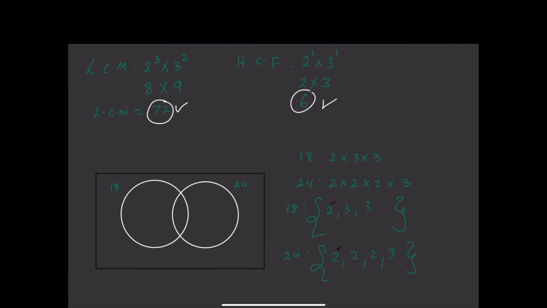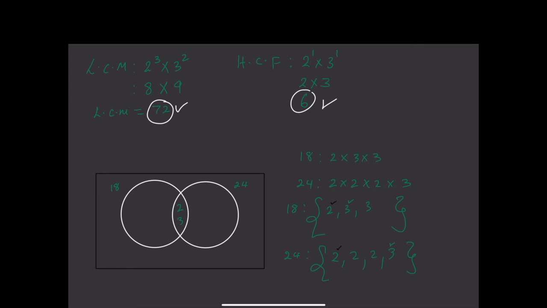A common mistake is that students put in two 2s, but you're only supposed to put in one of them, because remember, this 2 belongs to the set for 24 and it also belongs to the set for 18. So we move now to 3, and we can clearly see there's a 3 in this set and there's also another 3. So we put one 3 in the middle.